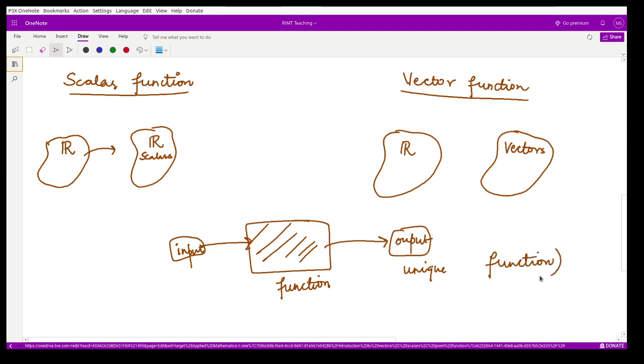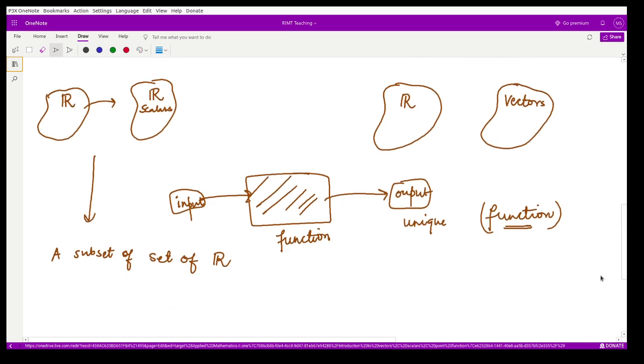What is a vector function? Here, a scalar function means you are taking a subset of the set of real numbers. That would be some interval, say a to b, right? From this interval we take some number, say t, belonging to ab.